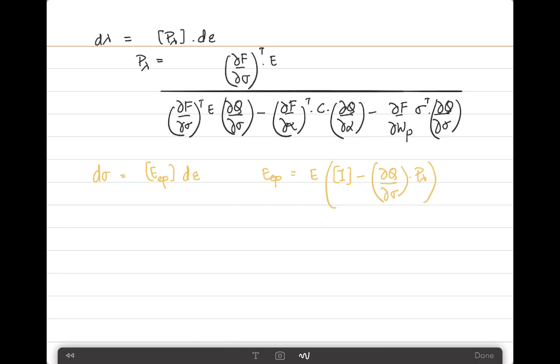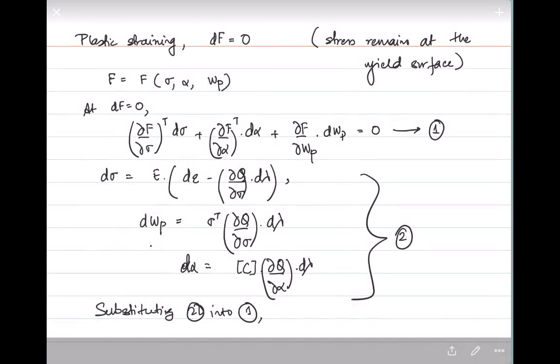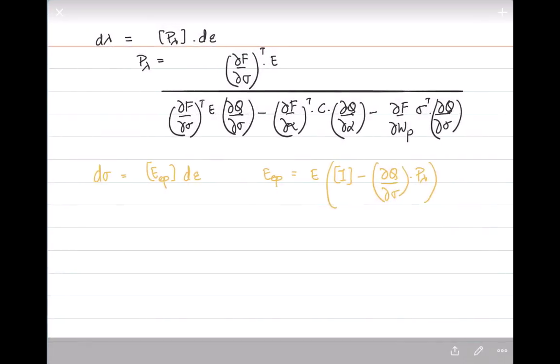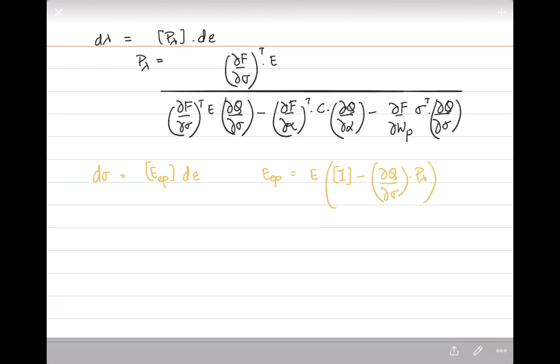Of course, we can go about describing everything, but the idea is that from all the relations that we described one by one and the substitution that we get for P lambda, if we continue working this out, we get that the elastic plastic modulus is a function of the elastic modulus, the flow behavior, as well as this rho matrix, which contains both strain hardening and work hardening.